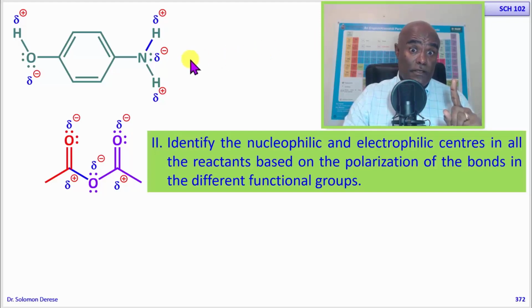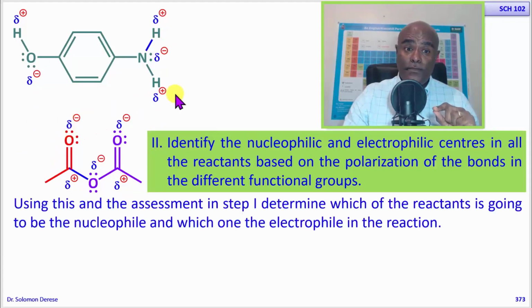So since from step 1 there is a bond that is formed between this nitrogen and this carbon, when you look at it, this nitrogen has excess of electrons, this carbon has got deficiency of electrons. So in the reaction between 4-aminophenol and acetic anhydride, it is 4-aminophenol that acted as the nucleophile, and then it is acetic anhydride that acted as the electrophile.